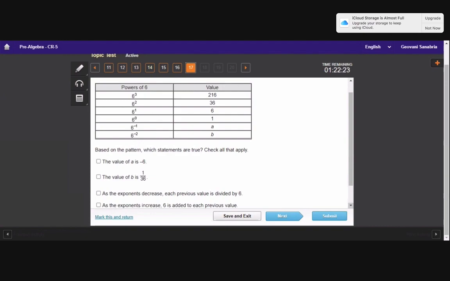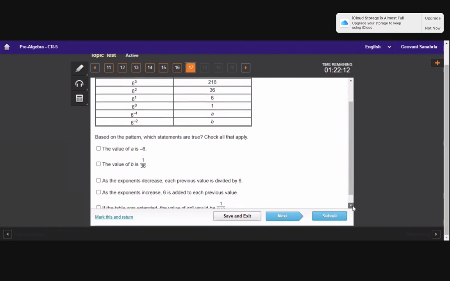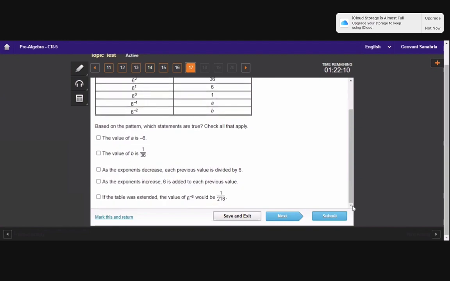So 6 to the negative 1 is just going to be the same thing, the 6, except for underneath: 1 on top and 6 on the bottom. 1 over 6. So A should be 1 over 6.